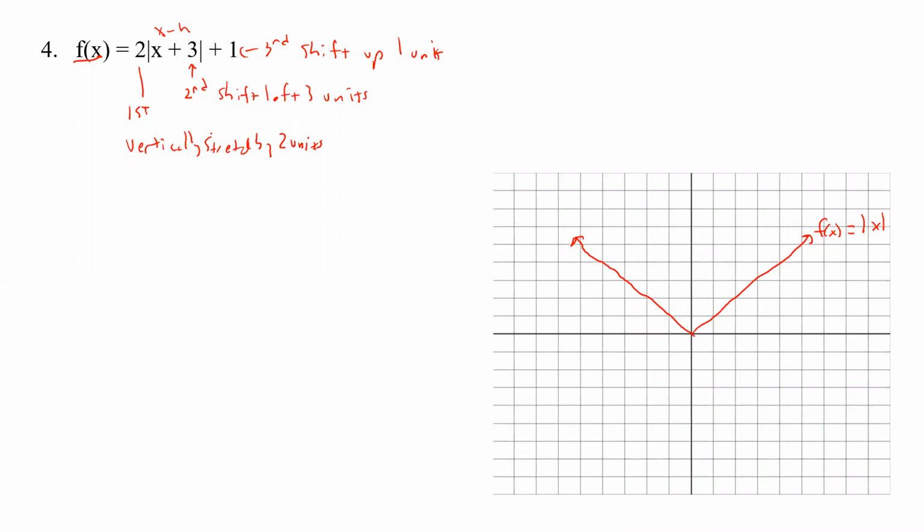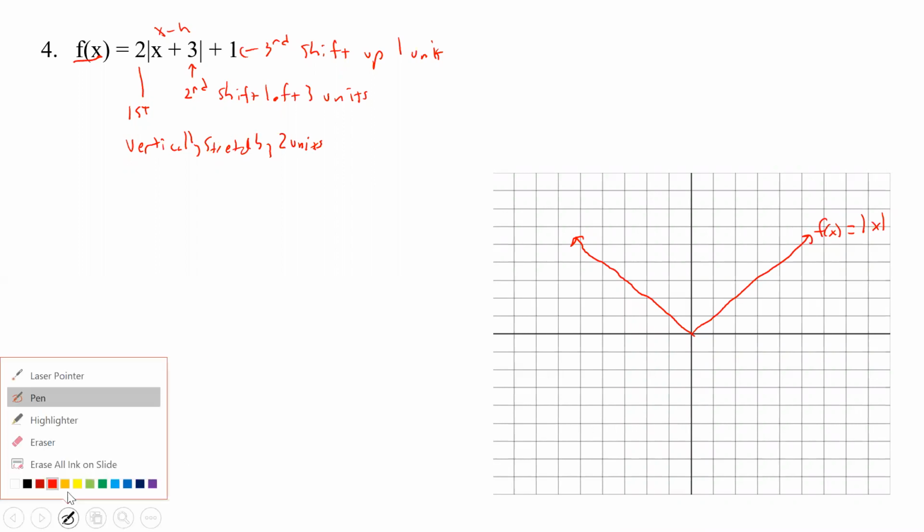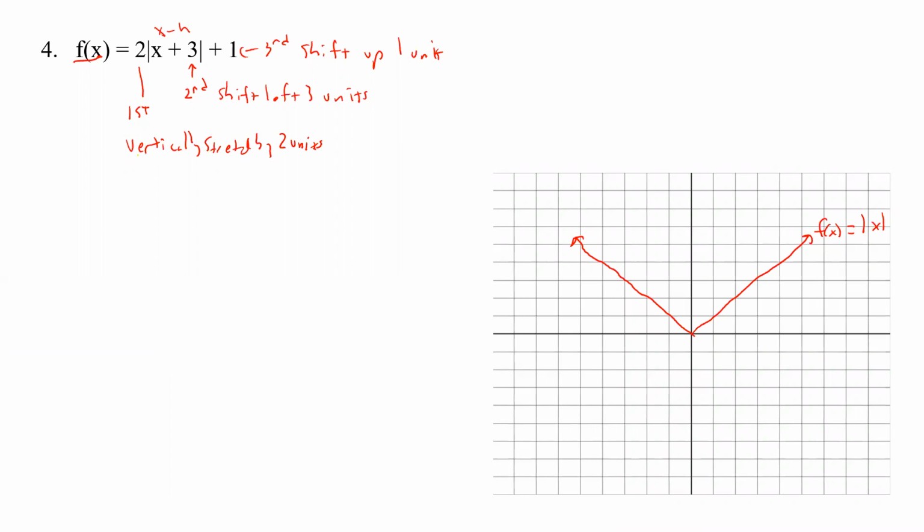So we did the vertical stretch by 2 units first. So what we're going to do is we're going to take and multiply everything by 2. So what this was here, where's my writer? There it is. This was at 1, multiply it by 2, so it goes up 1, 2.